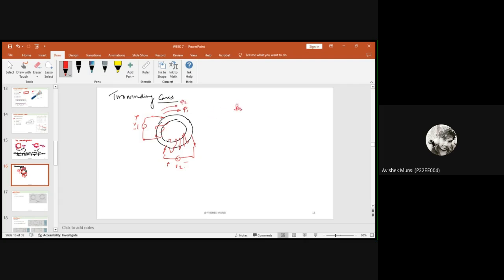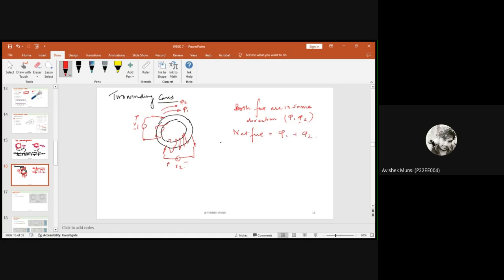So in this case both the fluxes are in the same direction, and the net flux introduced in the system will be phi 1 plus phi 2.